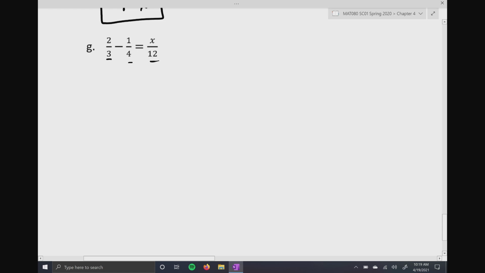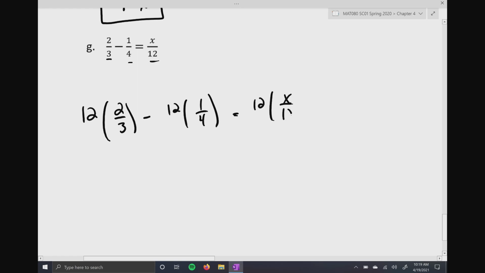She was muted. 12. All right, so 12 times 2 over 3 minus 12 times 1 over 4 equals 12 times x over 12. Now, take each one of these things separately. So we know this is really 12 over 1.